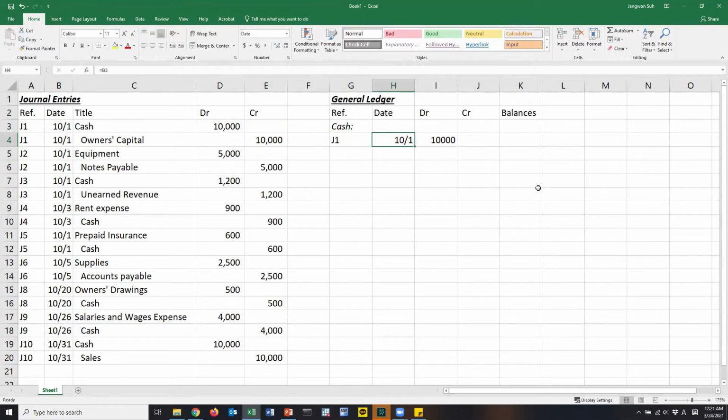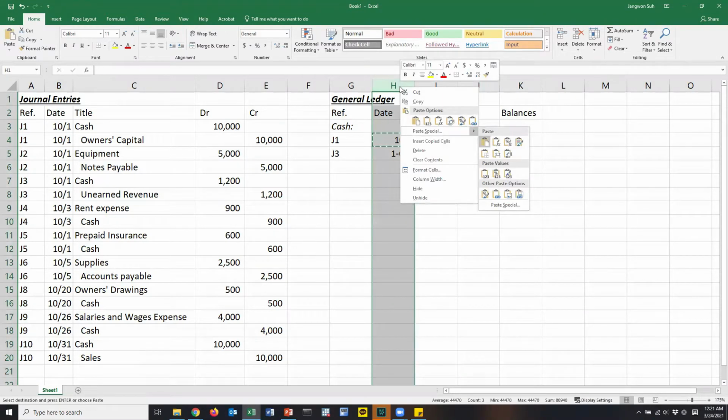And then where else do we have it? Here, J3, we have the same date. I will copy and paste the format here.